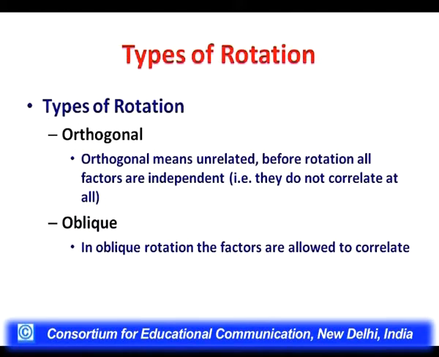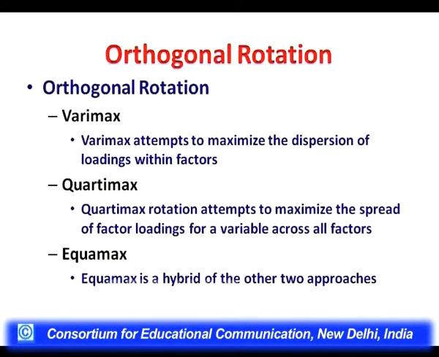Types of rotation: orthogonal. Orthogonal means unrelated. Before rotation, all factors are independent, that is, they do not correlate at all. Oblique. In oblique rotation, the factors are allowed to correlate. Orthogonal rotation. Under orthogonal rotation, we have three types.